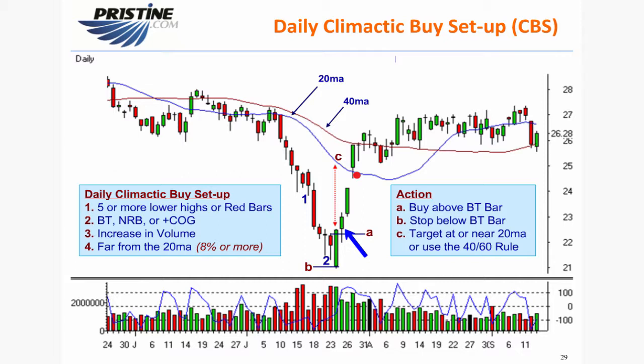Okay? So again, these examples, when they work, I want to stress that when they're clicking and firing on all cylinders, they work quickly. That's what you should expect.